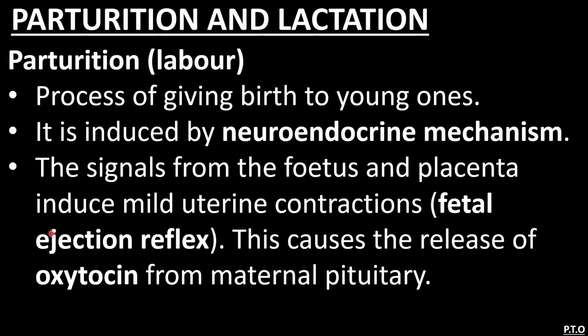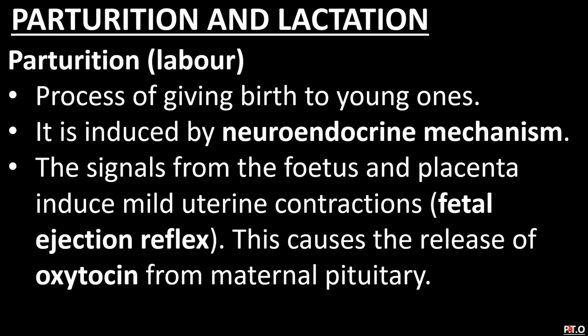In this process, the human pregnancy has a duration of 9 months, which is called the gestation period. At the end of this period, vigorous uterine contractions lead to the delivery of the fetus, called parturition.